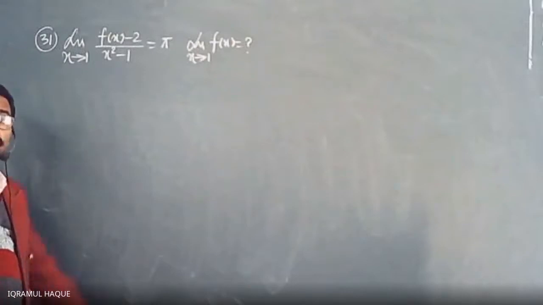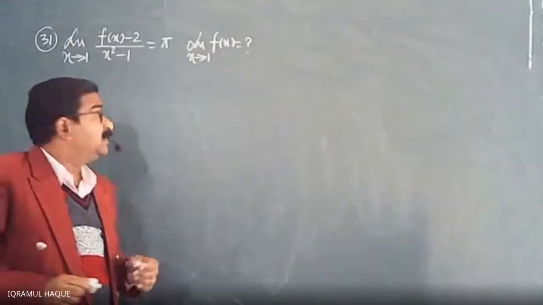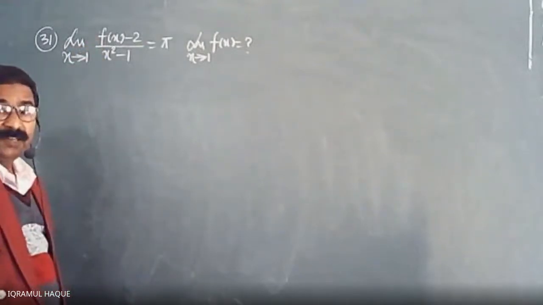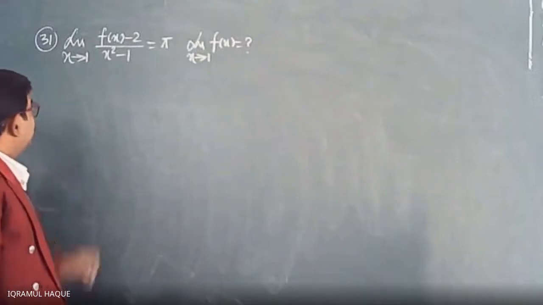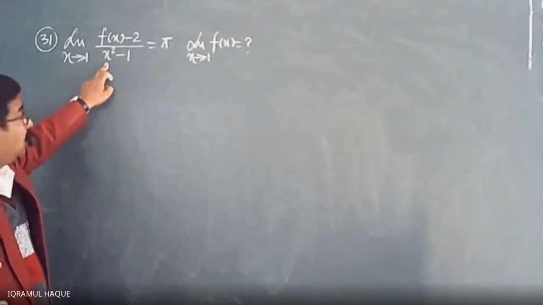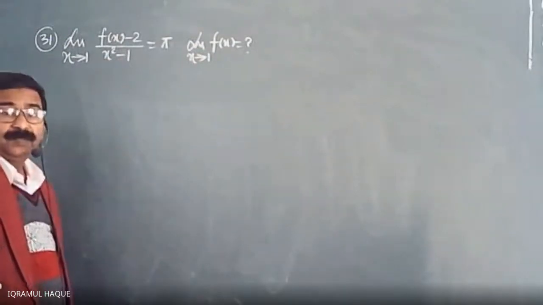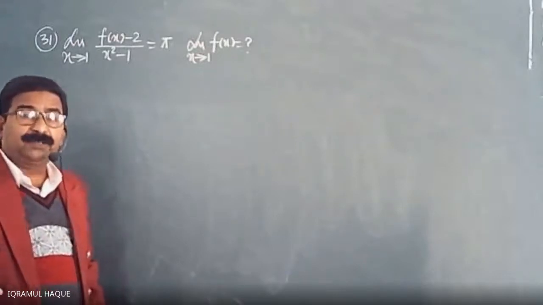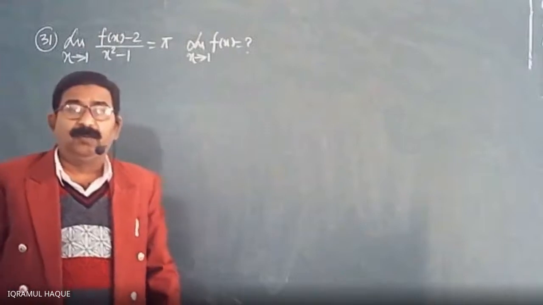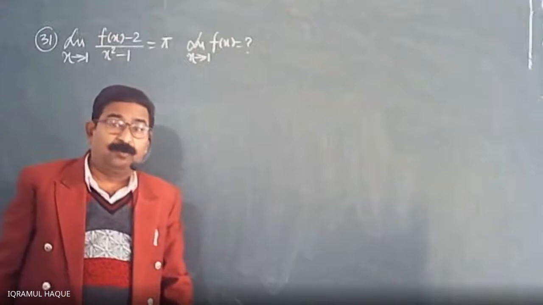See, what kind of function is this? This is a rational function. And if you put x is equal to 1 in the denominator, 1 square minus 1 is equal to 0, which means the denominator becomes 0. You know that in a rational function, the denominator is never equal to 0.